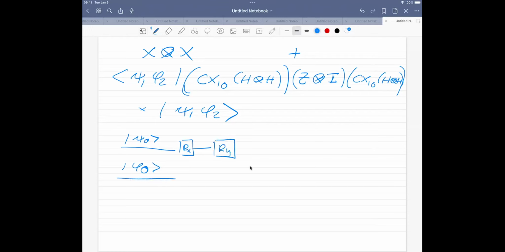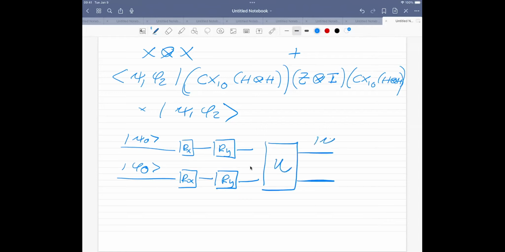I would do the same here, an Rx and an Ry. But then to perform this final operation, I would need a new transformation, which I'm just going to label as a U here. And this gives me psi1 and phi2 here. And this U, which you see here, is simply this ugly object here.